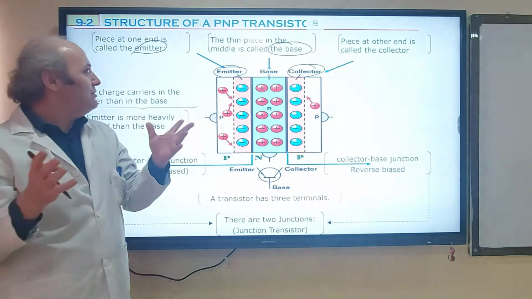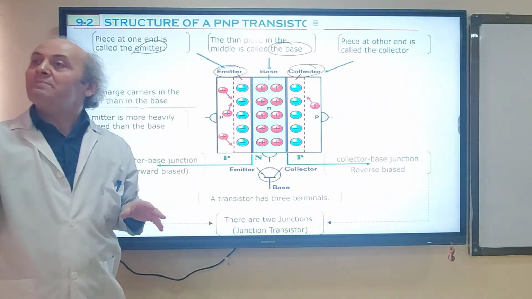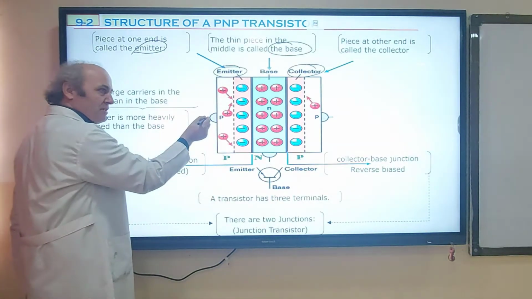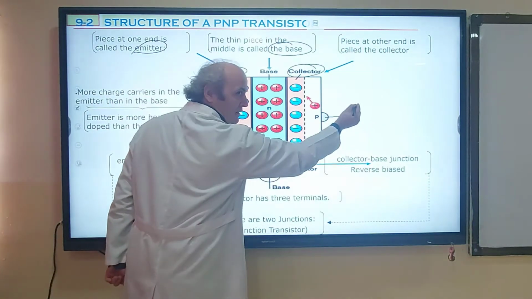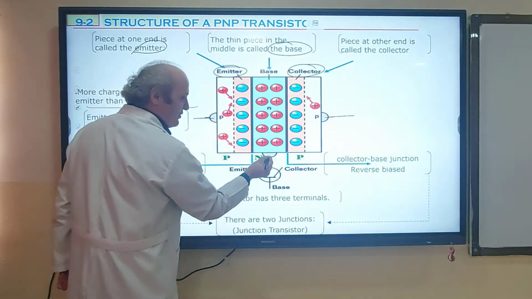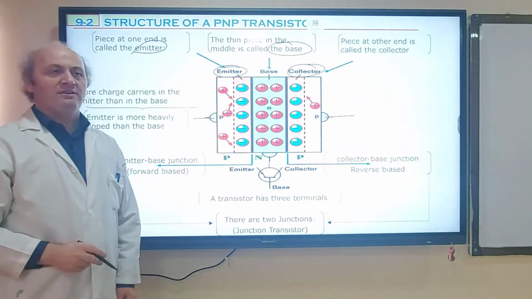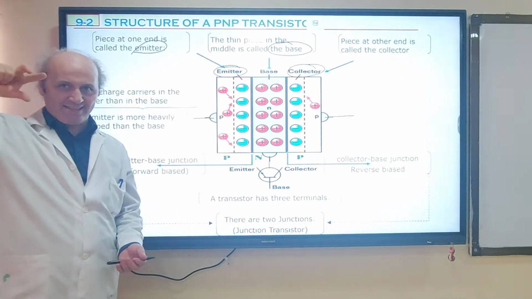There are three pieces, and each piece has an entry, a terminal. This is the terminal for the emitter. This is the terminal for the collector. This is the terminal for the base. A transistor is the only device which has 3 terminals, 3 legs.